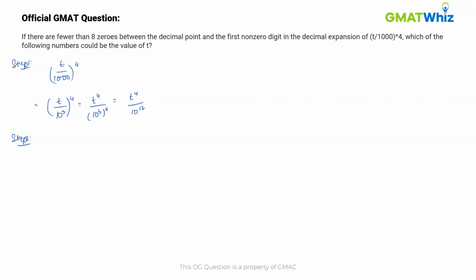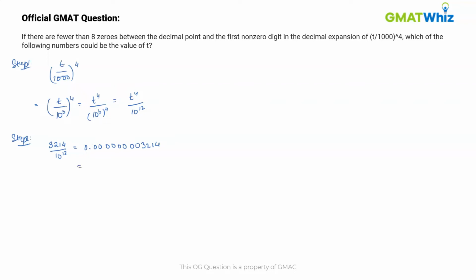So suppose I have a number which is equal to 3214. Now if I divide this by 10^12, this will give me 0.000000003214. So after the decimal point there are 8 zeros.